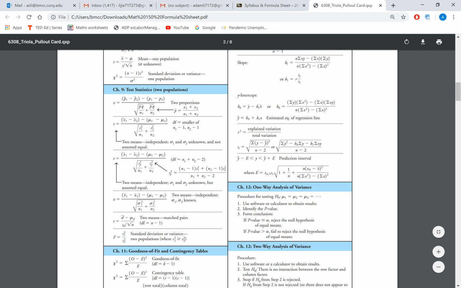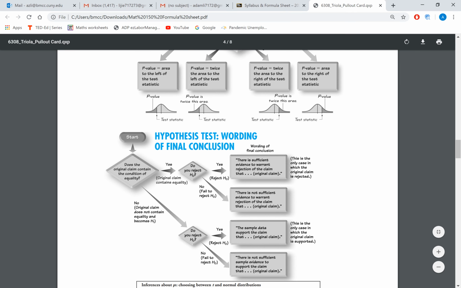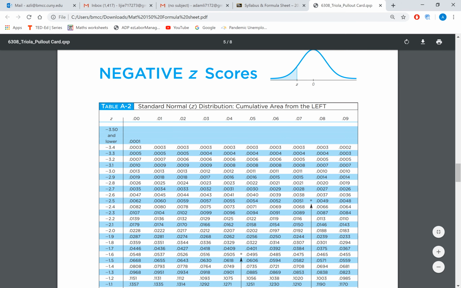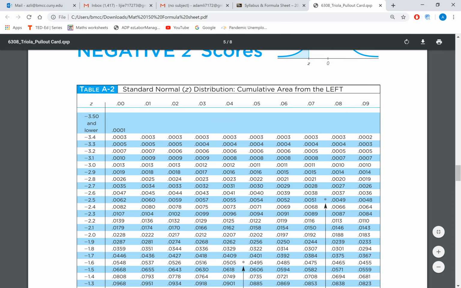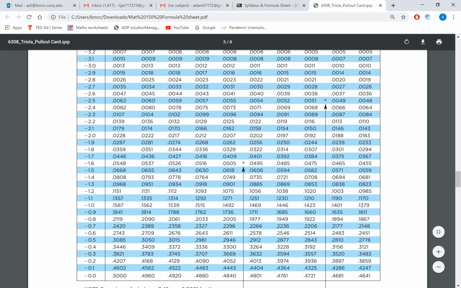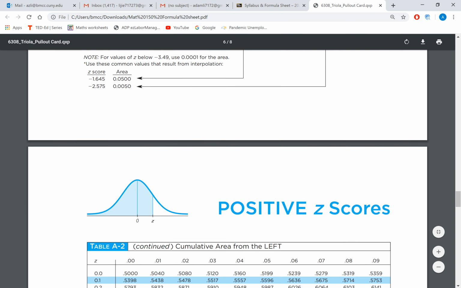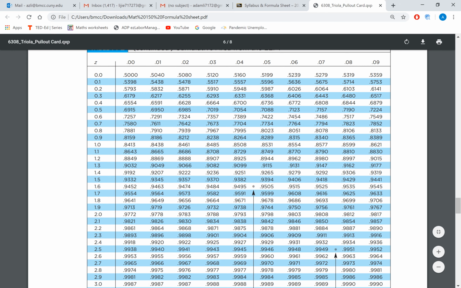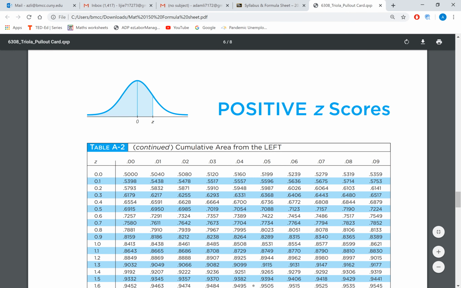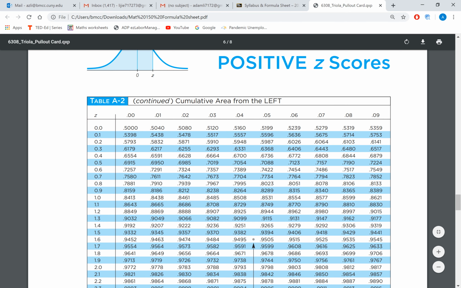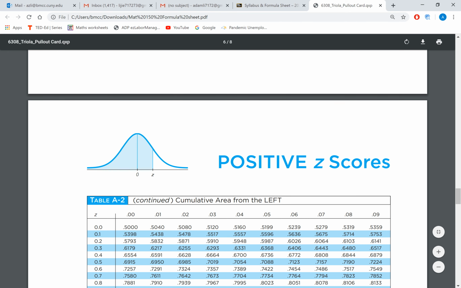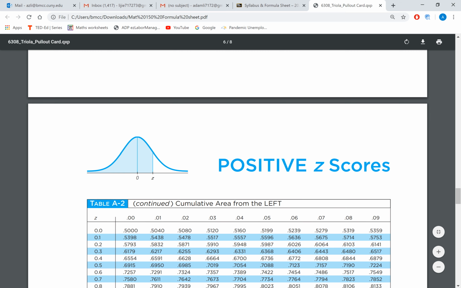You just scroll down to table A2, and you'll be able to find most of the z-scores here, negative 3.50 and lower using this. It will give you different decimal places. Also, we have a second page for positive z-scores, right here. All these positive z-scores, again, measure area to the left.